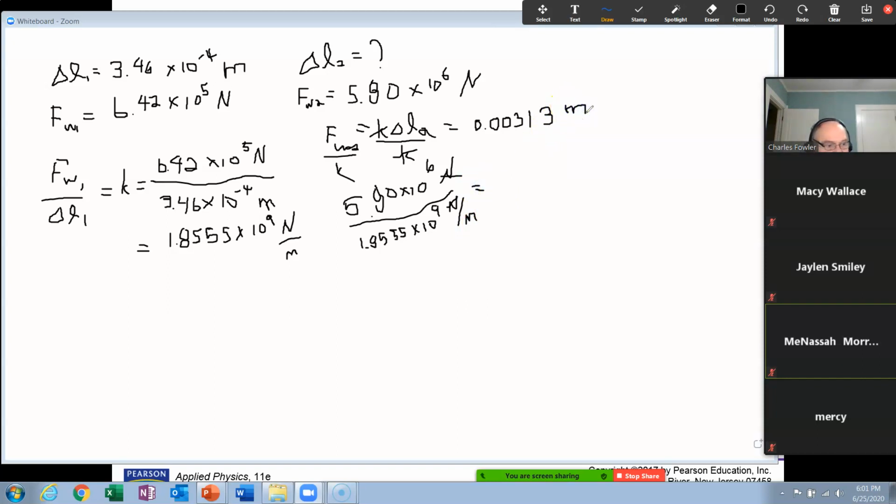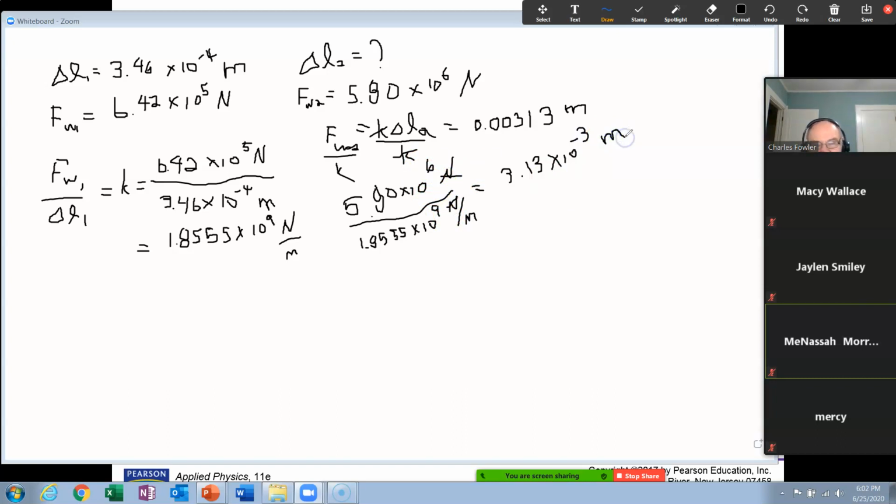Or if you do it in scientific notation, which my calculator doesn't, but I just did it for you, move that 3 places here, and that would be 3.13 times 10 to the minus 3, and that's what you get by doing your exponents here. That would be measured in meters.